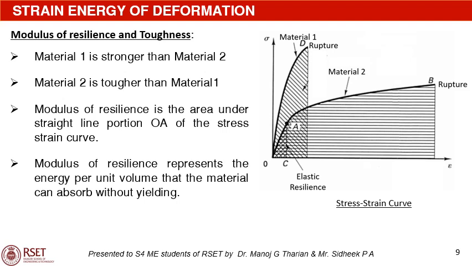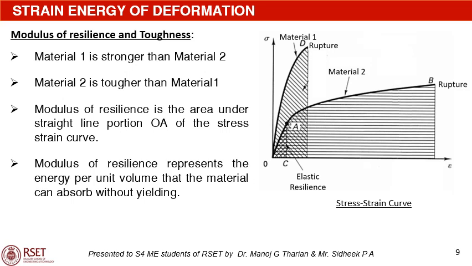So what is toughness? Toughness is the ability of a material to withstand impact load. So this means that material 2 can withstand more impact load as compared to material 1. Now, if we take a closer look at the stress strain curve of material 2, the portion OA of the curve is a straight line.